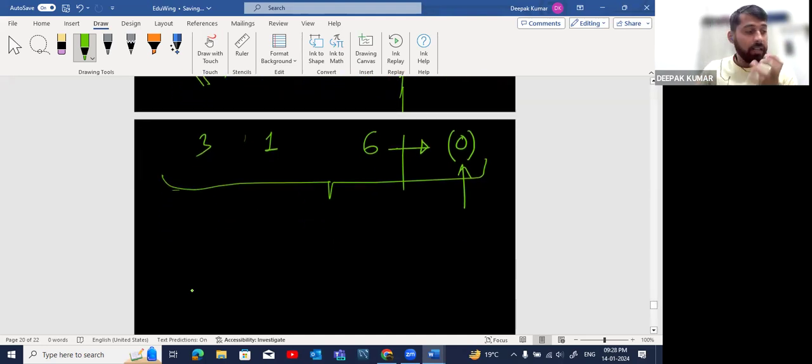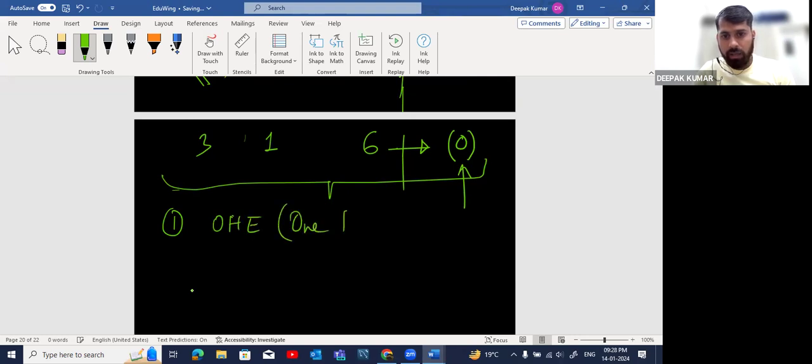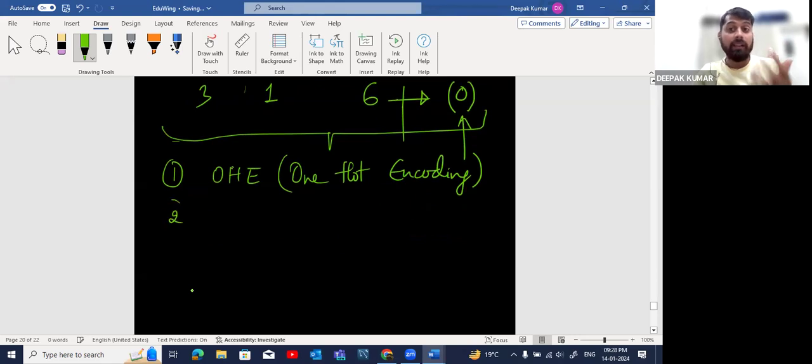One is one hot encoding, OHE. It simply converts anything into 0 and 1. That's it. But it is not as effective as the other techniques are. Second is called bag of words, BOW.